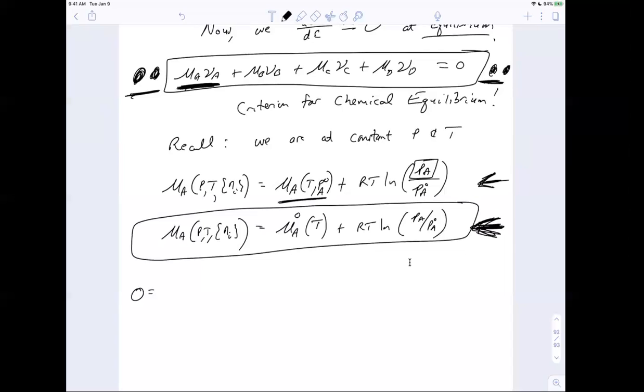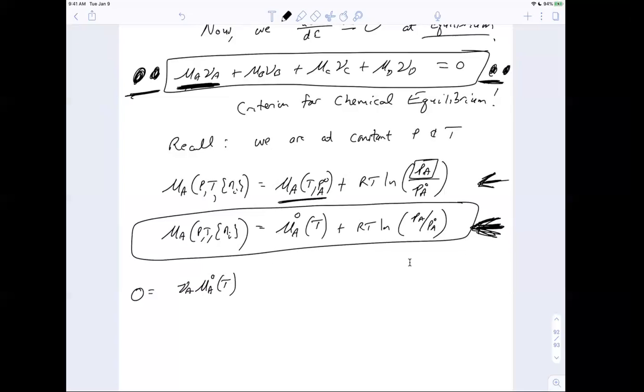It'll give us two terms. Each one is multiplied by the stoichiometric coefficient of A. Okay. If we think about it, we're going to get the same two terms for B, C, and D, those species. All right, so at the end of the day, we're going to have four terms of this form. We're going to have, in the case of A, right? So that's just the stoichiometric coefficient of A times the chemical potential of A superscript 0 at the temperature of interest.